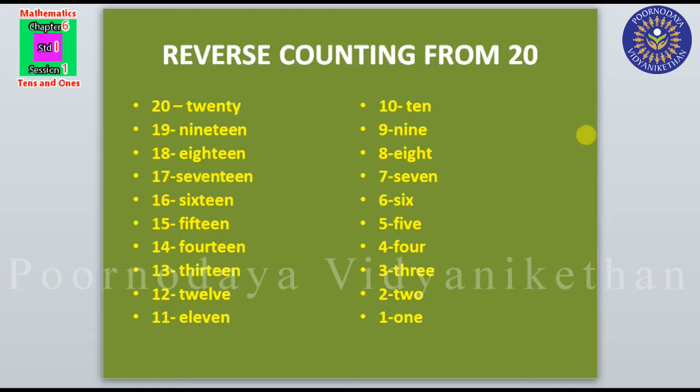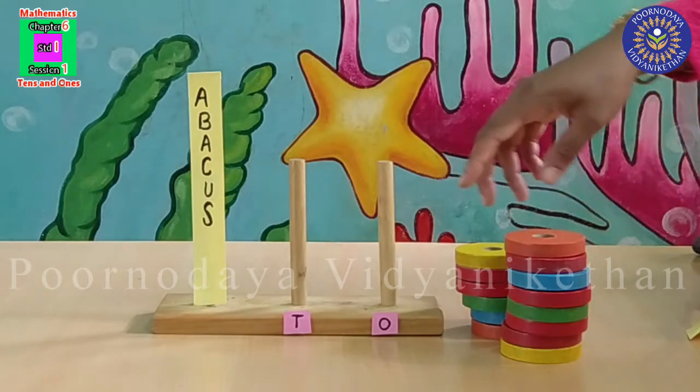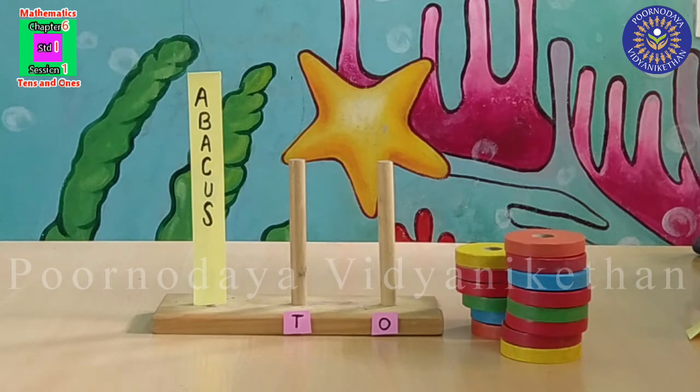Look at the screen. 20, 19, 18, 17, 16, 15, 14, 13, 12, 11, 10, 9, 8, 7, 6, 5, 4, 3, 2, 1. See children, now you are able to count up to 99, isn't it?